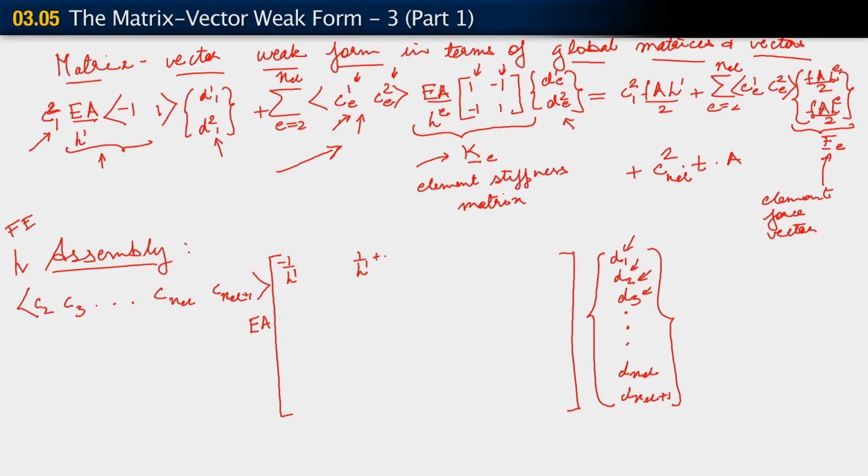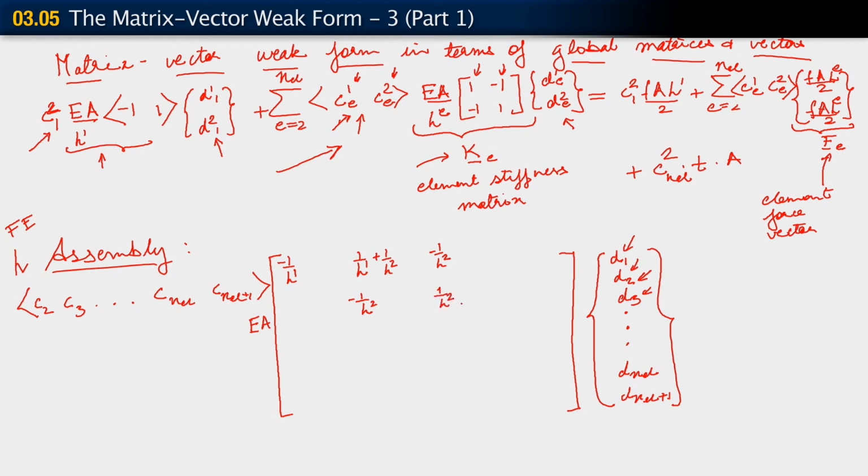We get a contribution of the form 1 over H2. Over in the next column, we get minus 1 over H2. In row 2, column 2, we get 1 over H2 with a minus sign. And row 2, column 3, we get 1 over H2.